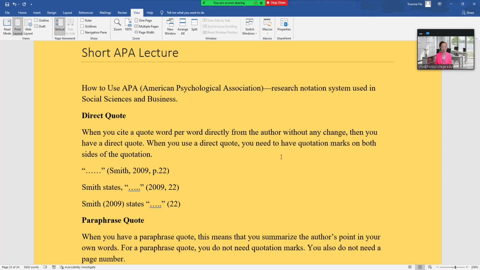When you use a direct quote, you need to have quotation marks on both sides of the quotation, and you need to have the author's name and the page number. You can say, Smith states Americans are overweight (2009, 22), or you can say Smith (2009) states Americans are overweight (22).